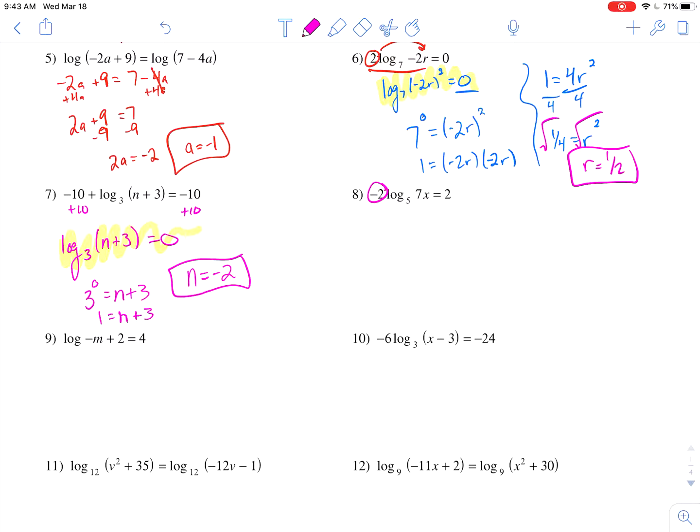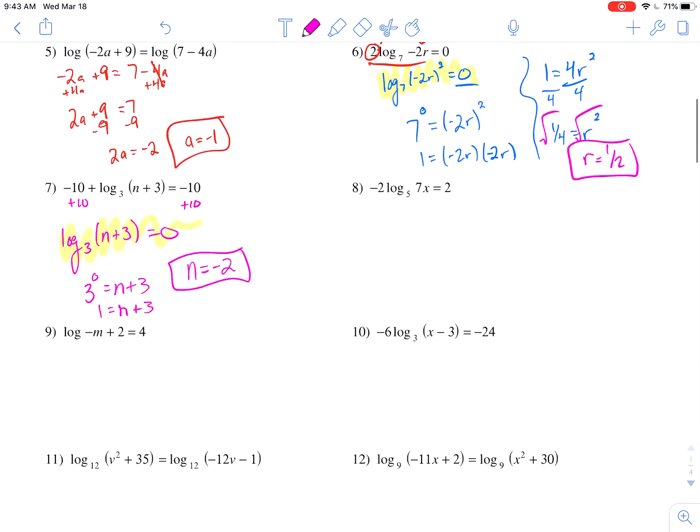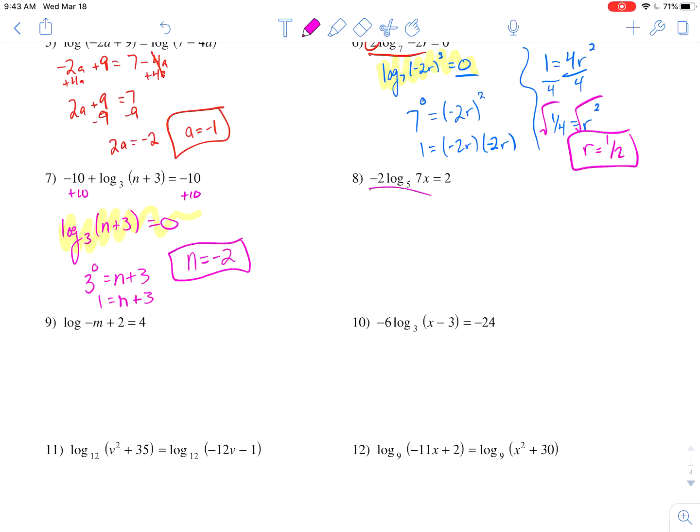Okay, number 8. We need to move this number that's out front. Because it's out front, we can put that in our exponent. So 7x to the negative 2. And then do the same thing here, where we write this in exponential form and solve. Or, if you wanted to, you could divide by a negative 2 on both sides and then solve.